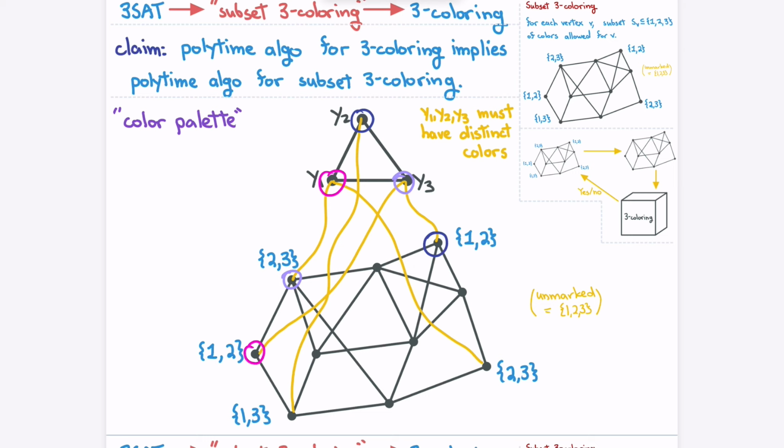Pink, lavender, and navy, I apologize. So this is the auxiliary vertex that I had color 1 in mind for. So I'm going to call everything that was pink down here color 1. And everything that was lavender is going to be color 3. And everything navy is going to be color 2.